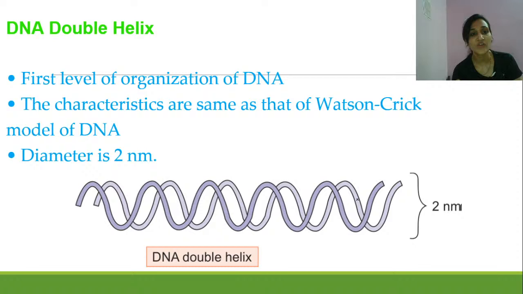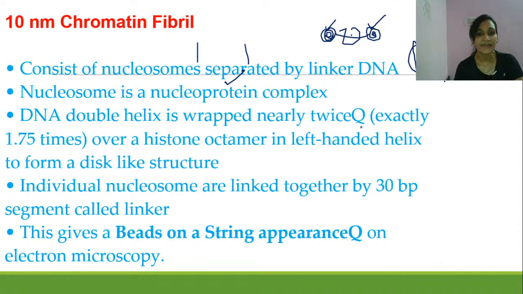It takes 1.75 turns over the histone octamer, and it is a left-handed helical disc. It is not right-handed, it is left-handed.